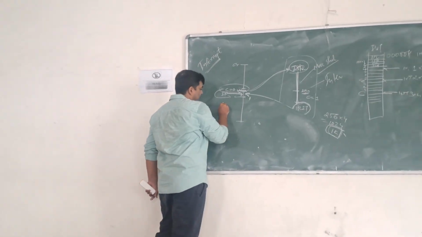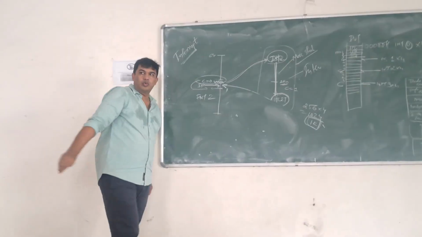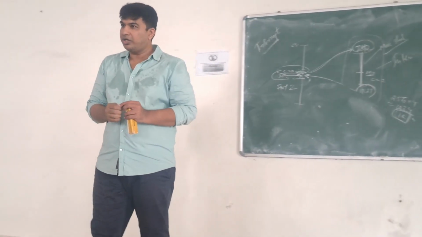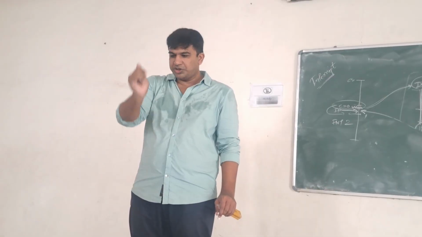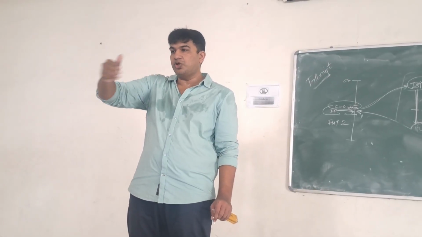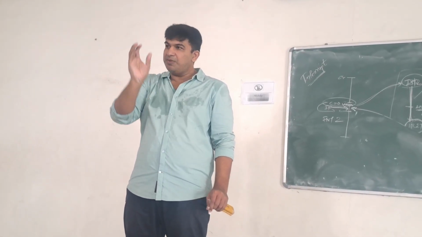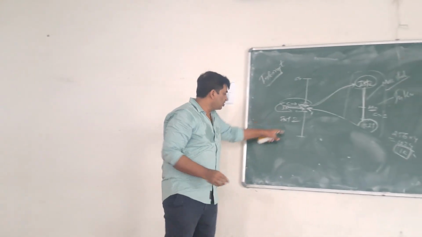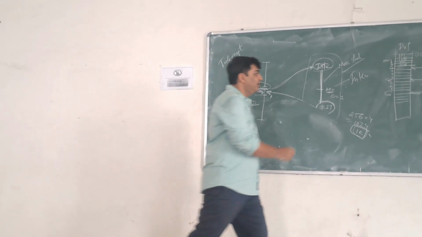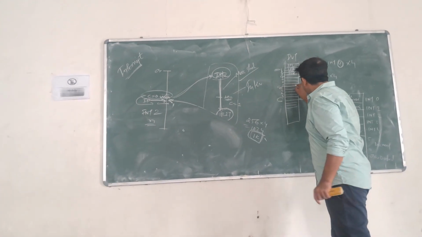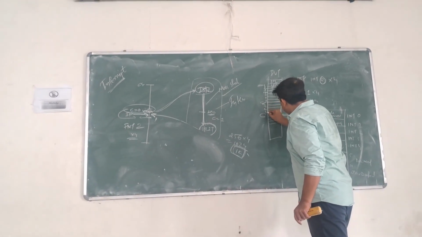Suppose INT 2 occurs. Interrupt generated, INT 2. What does your microprocessor do? Push the flag, make TF and IF 0, push CS, push IP. Now, because this is 2, multiply 2 with 4, you will get 8. You will come to this IVT, locations 8, 9, 10, 11.